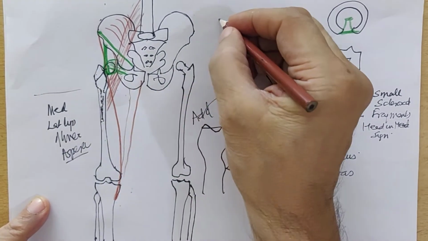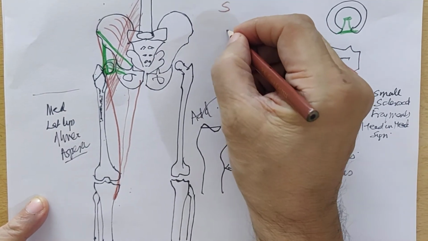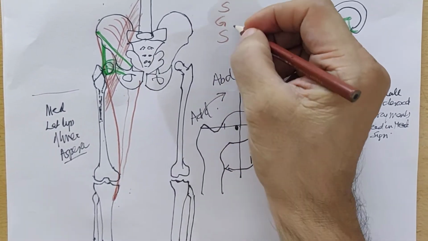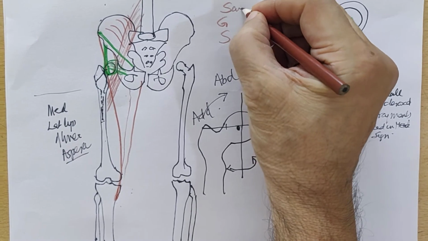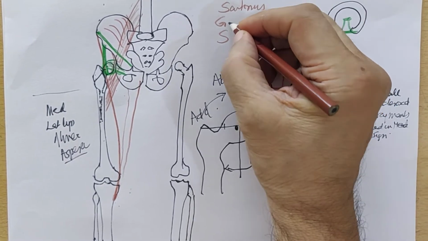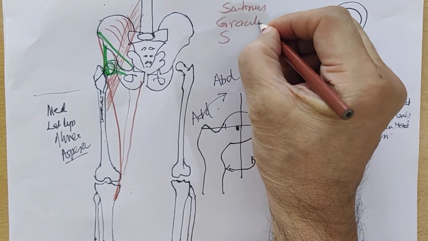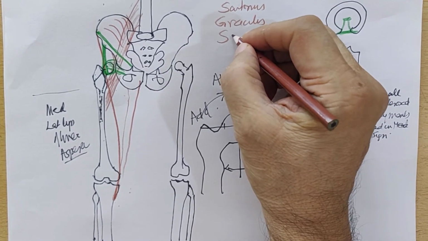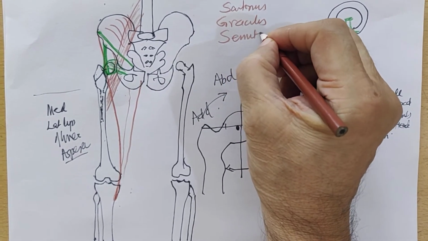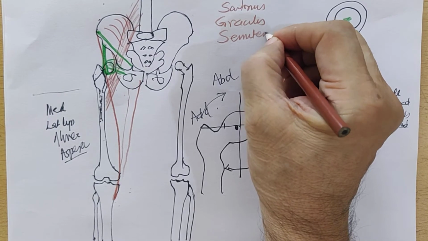So one sardar is sartorius, the other sardar is semitendinosus, and the girl is gracilis, between two sardars.